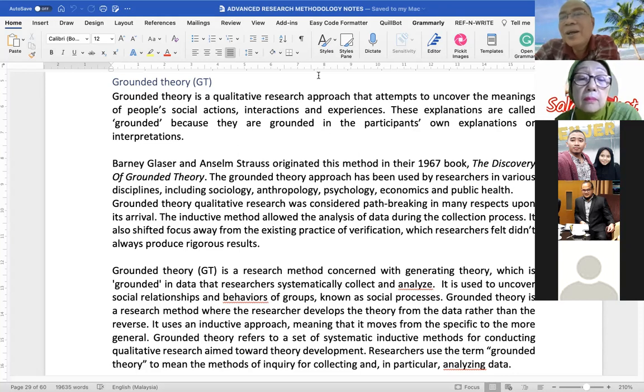So we want to project good image. Most of our PhD students come from Indonesia, so we want to project good image. Bapak Haji, yeah? Yes, yeah. So if you have any problem, let me know. We will try to help you. I will, Prof.